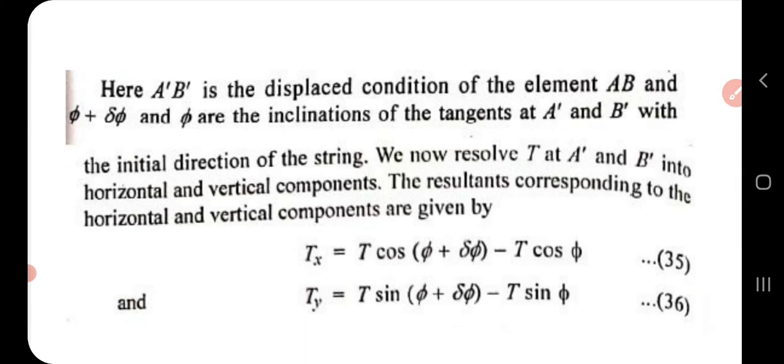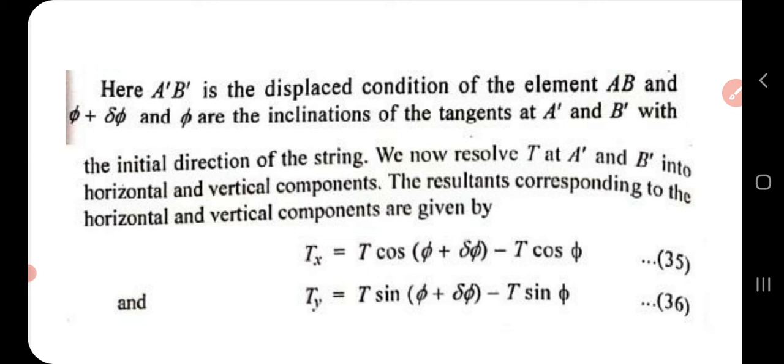Now here A dash B dash is the displaced condition of the element AB, and phi plus delta phi and phi are the inclinations of the tangents at A dash and B dash. So if AB is the original element of the string, when it is displaced, that displaced element is represented as A dash B dash.